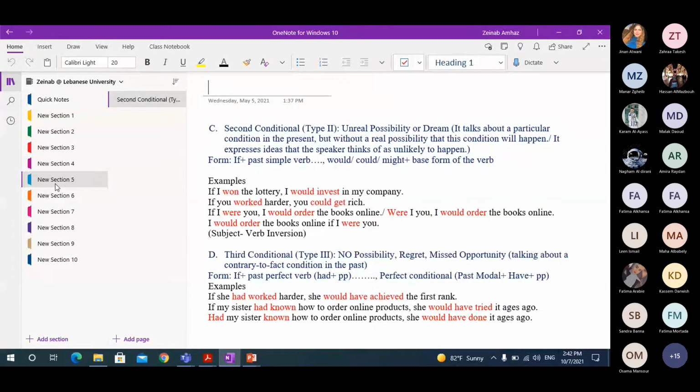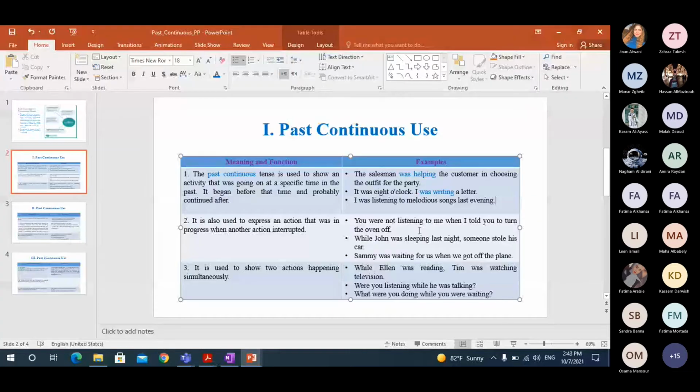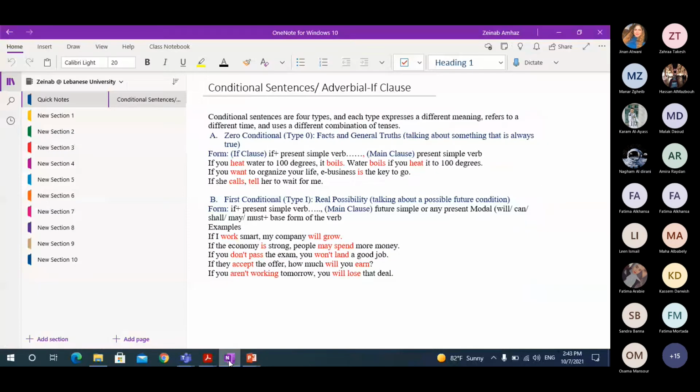Third conditional, but we only have 1 and 2. No worries. Oh, here they are, you see? Okay, let's continue now. Okay, I'll give examples. We've reached section 10, I think.